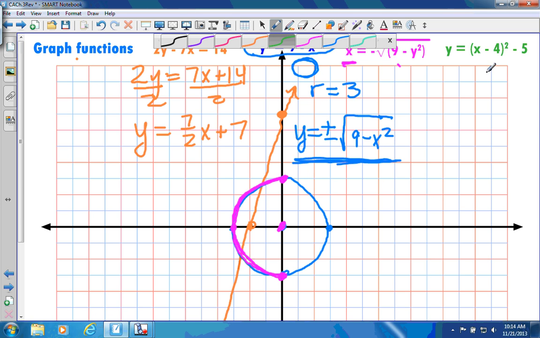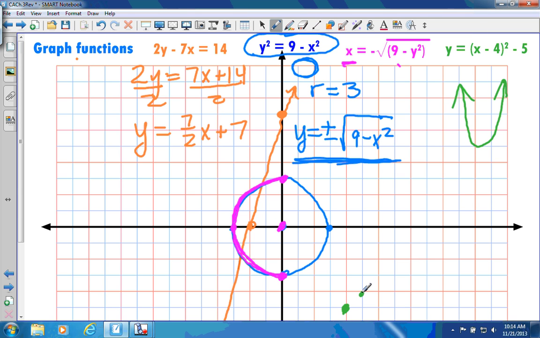And then finally, our last one here, what type of figure? Okay, it's going to be a parabola. And the center of our parabola is at 4, negative 5. And because it's positive, it'll open up.